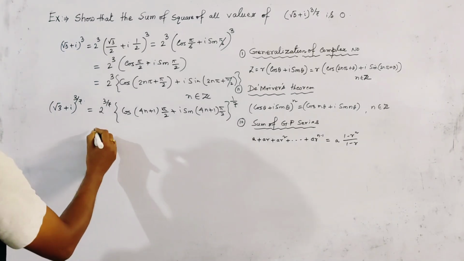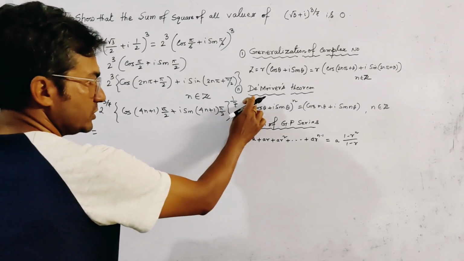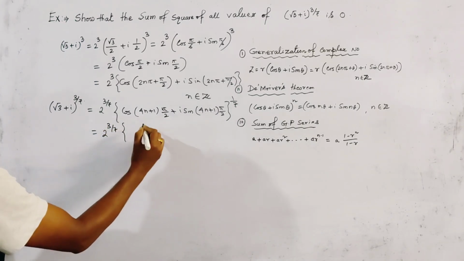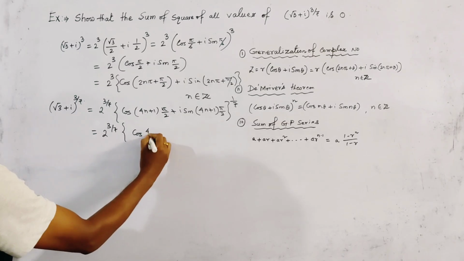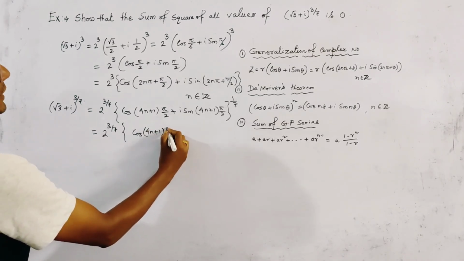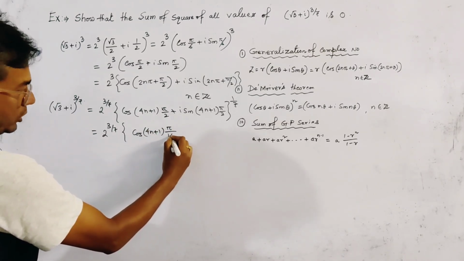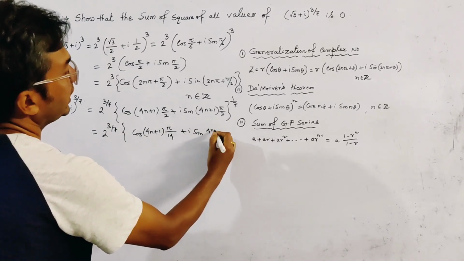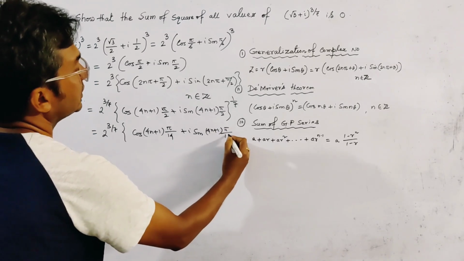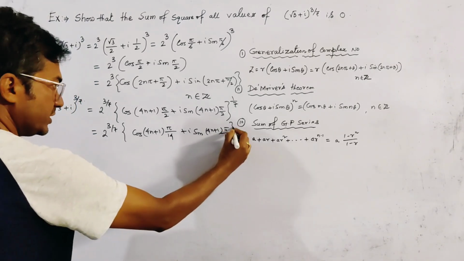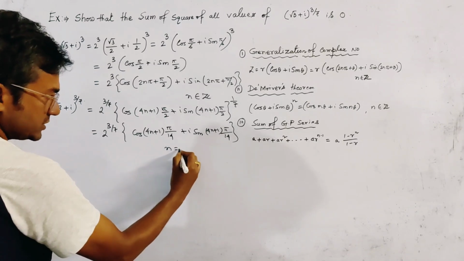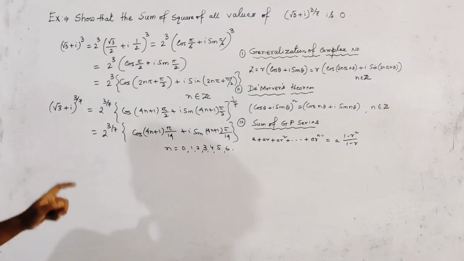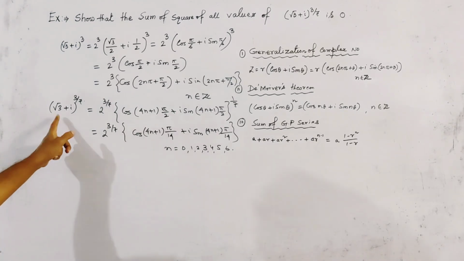Now using De Moivre's theorem, we get 2 to the power 3 by 7 into (cos (4n plus 1) into pi by 14 plus i sin (4n plus 1) into pi by 14), and we must write here n equal to 0, 1, 2, 3, 4, 5 and 6, because we get 7 values of this term.